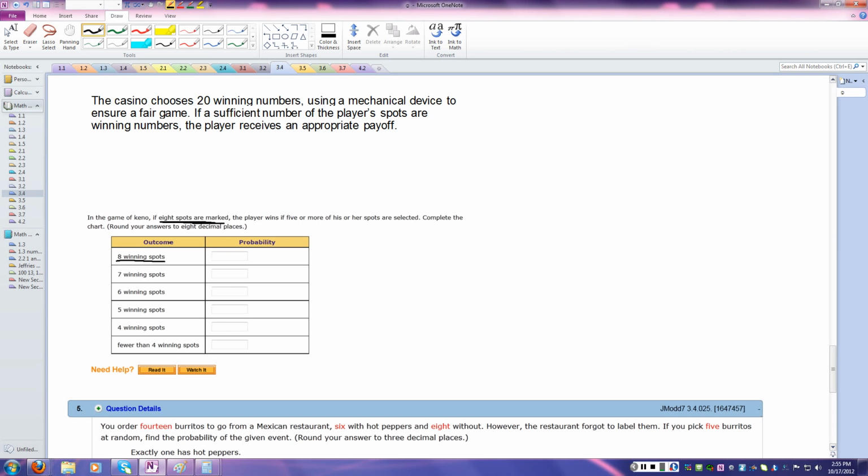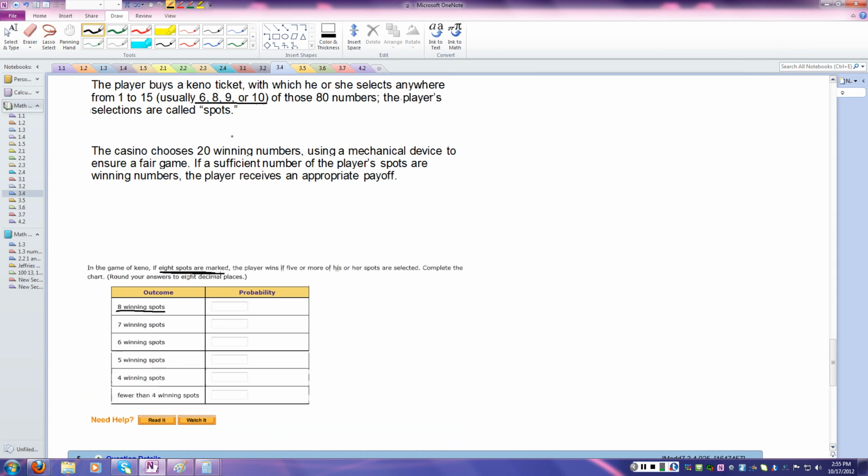We just want to talk about the probability of winning. 8 spots are marked and 20 winning numbers are listed. So out of 20 winning numbers, what's the probability that you choose 8 of them, over 80 numbers total choosing 8? This is going to be your probability here. If you have a scientific calculator, you can actually hit this. You have 20 choose 8 over 80 choose 8, and it will give you the probability right there.